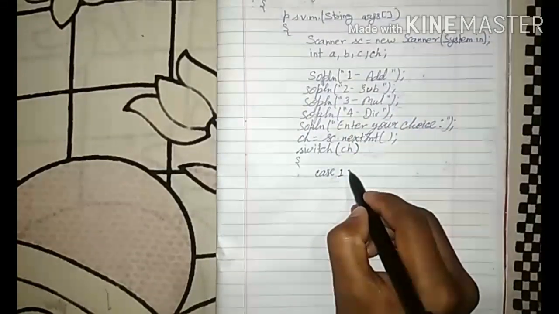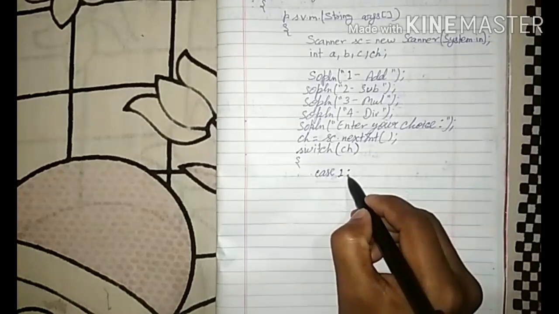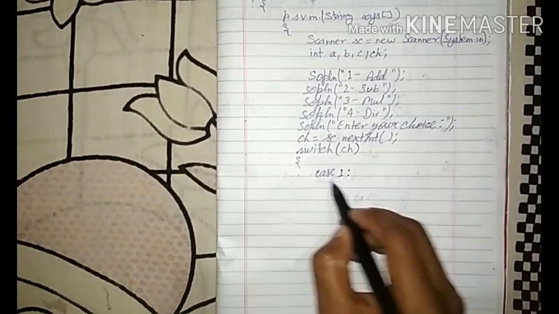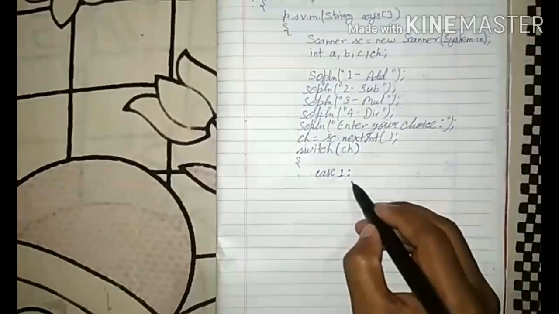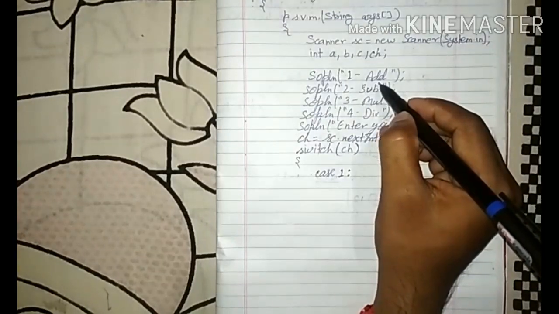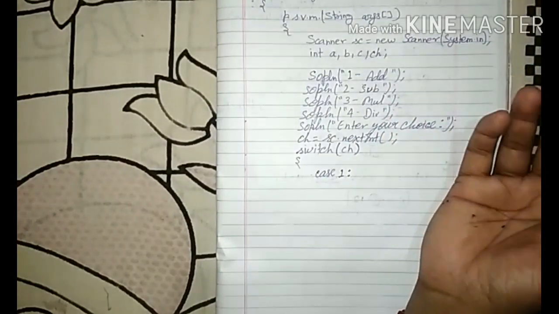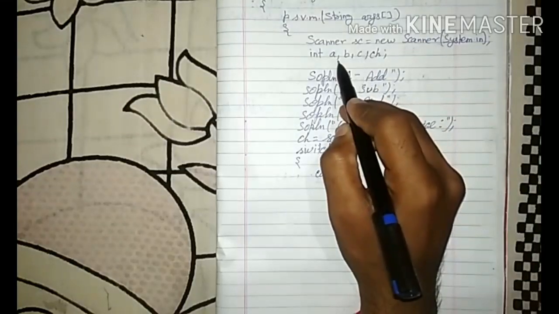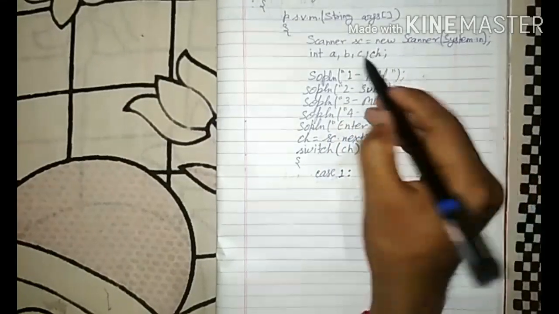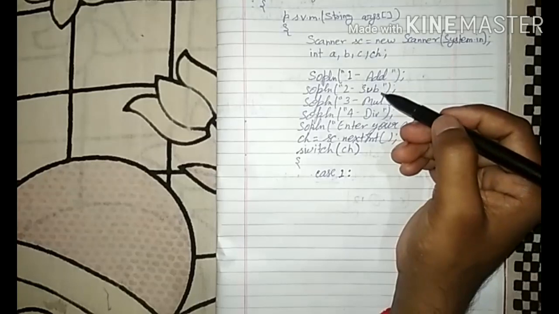And if you are writing case, you have to write this colon sign. Case 1 is for addition, so to perform addition there is need of values. That's why I have taken a, b, c: a and b to store the numbers, and c to store the result.